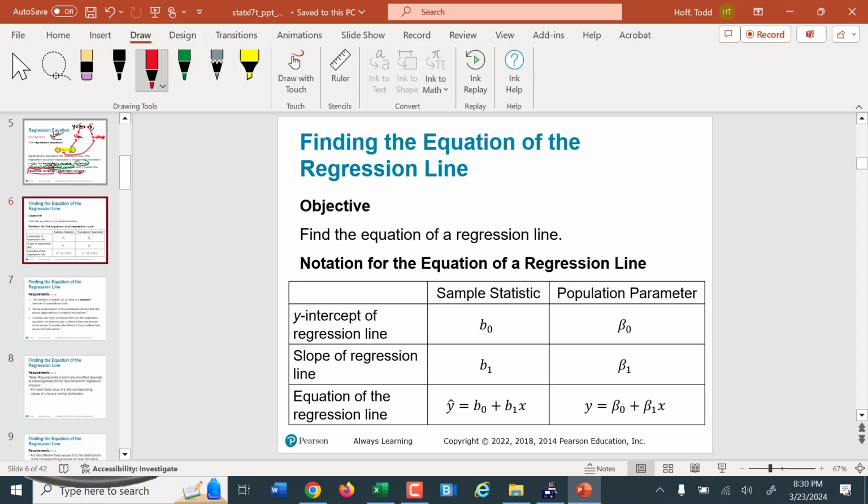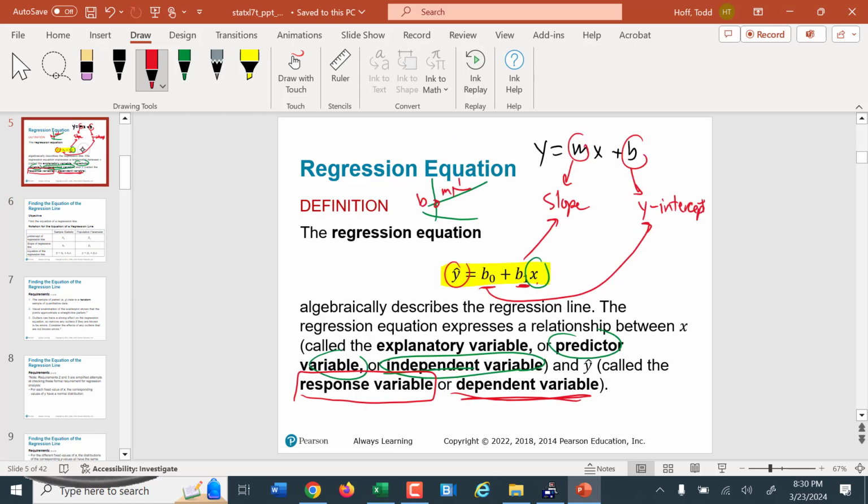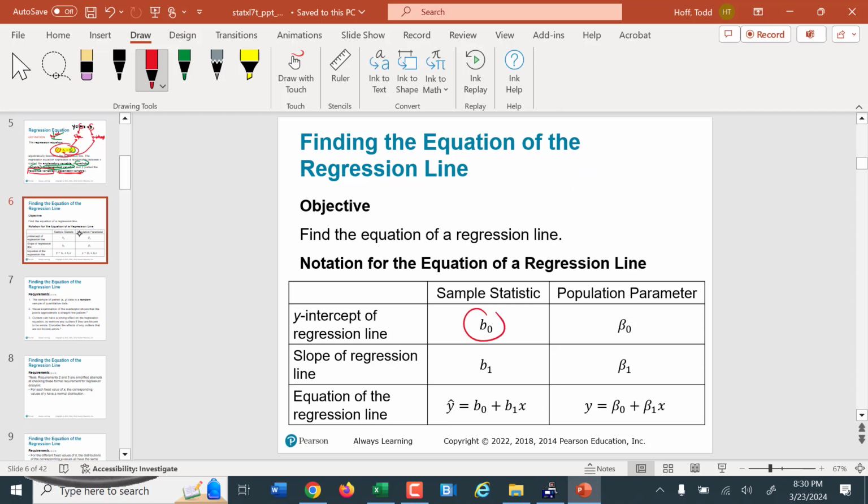So what we are showing there is a regression equation for sample data. b0 is the y-intercept for the sample data. If we wanted to know the population parameters, it would be beta 0. The slope of the regression line is b1, and again, for the population, it would be beta 1.